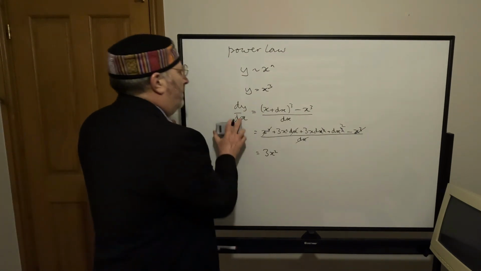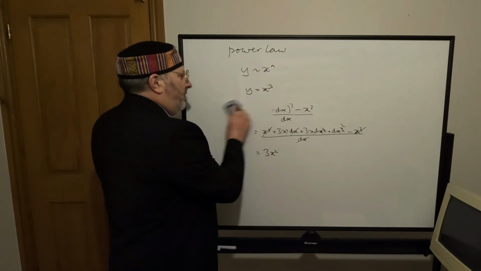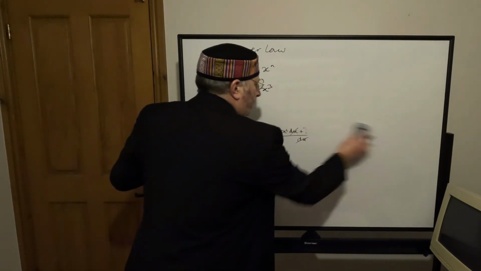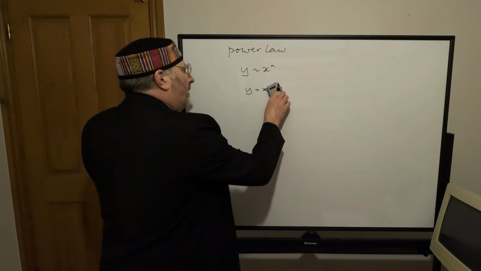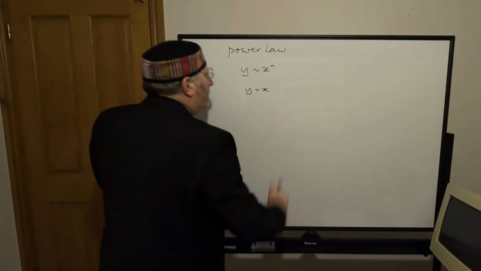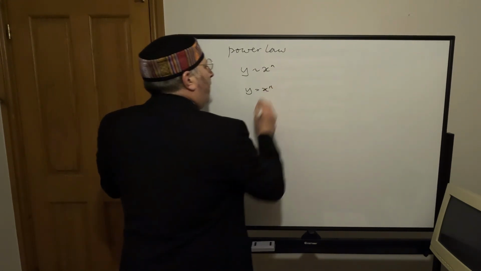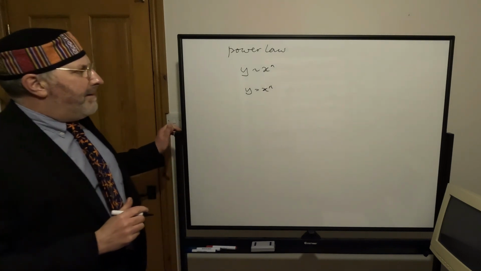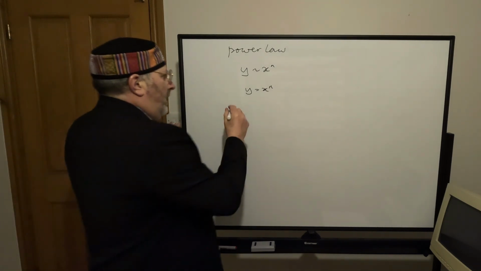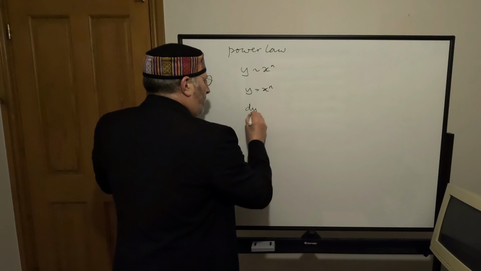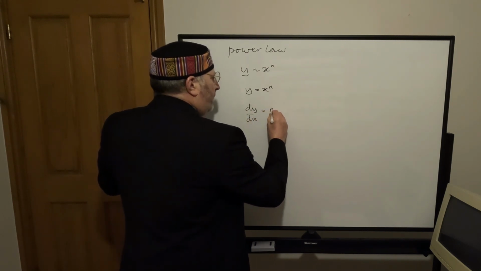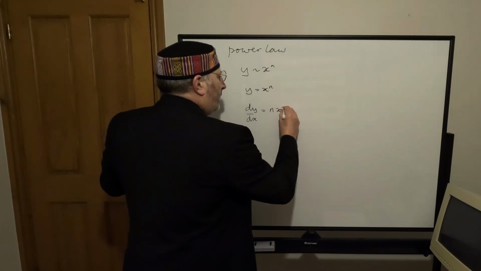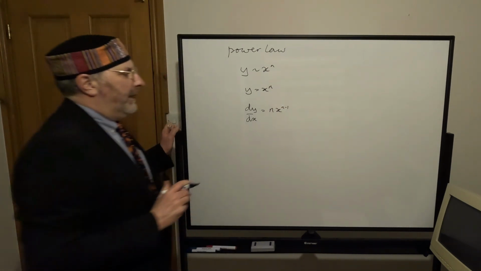And then we can do something like this for the general case. Where y equals x to the n, and I'll just go straight to the result, but we find that dy by dx equals nx to the power of n minus 1.